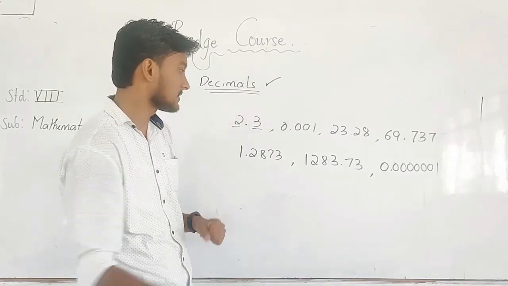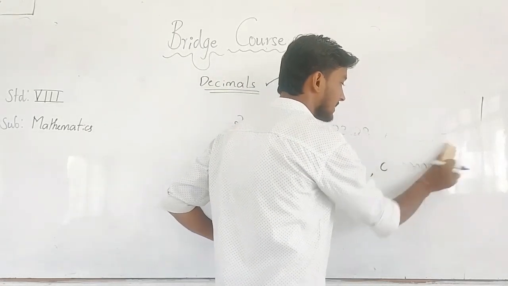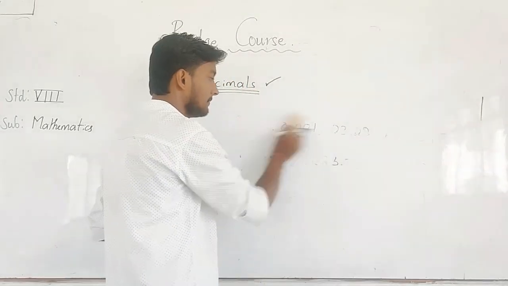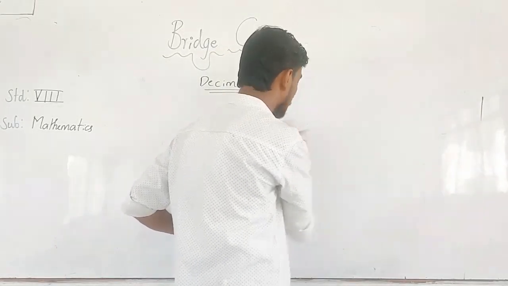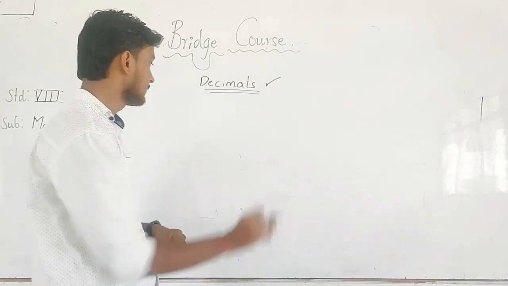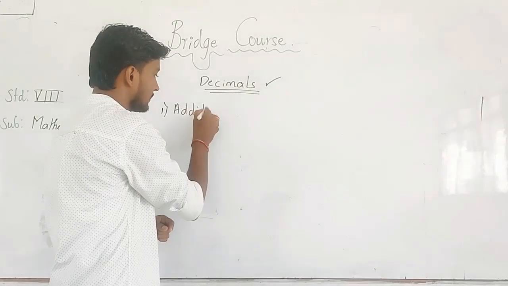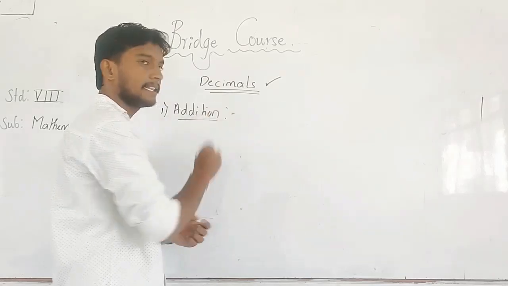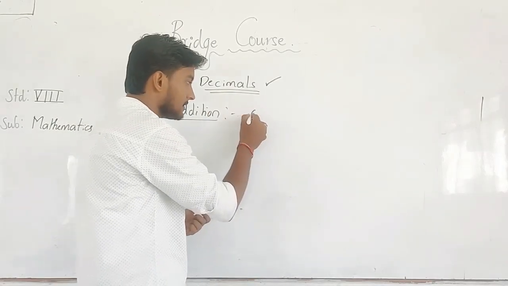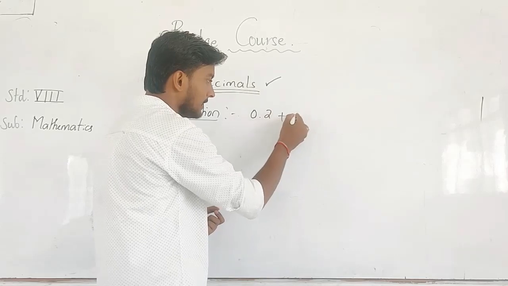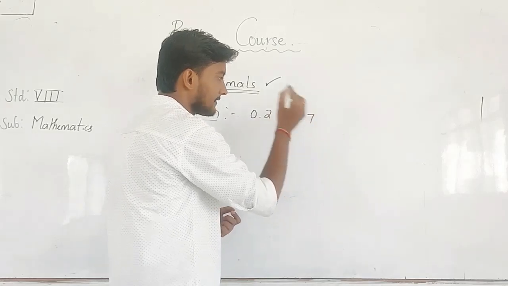Now we discuss how to add, subtract, multiply and divide decimals. First, addition. How to add decimals? For example, 0.2 plus 0.7.